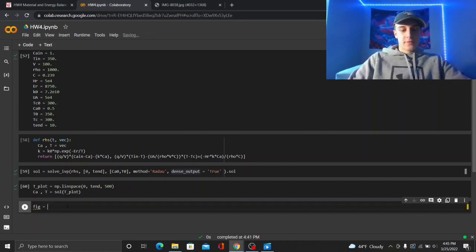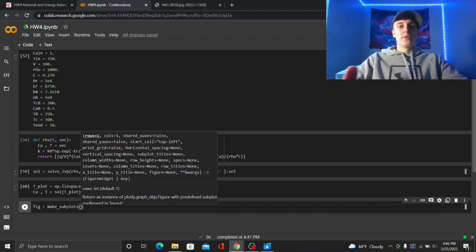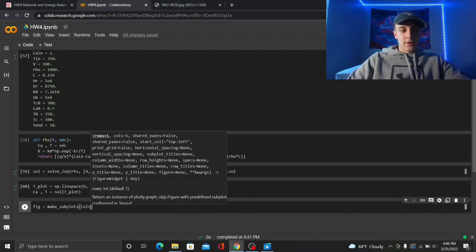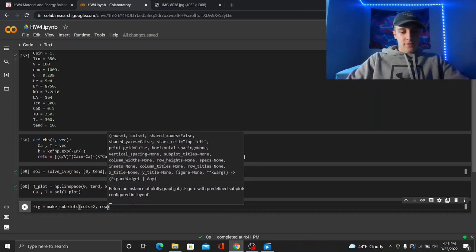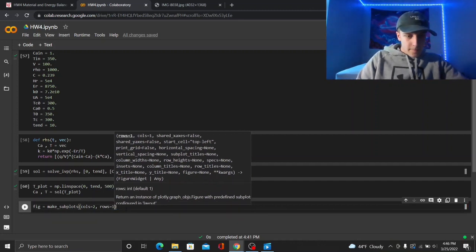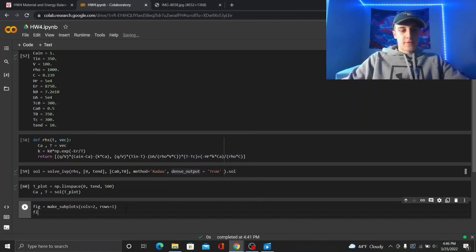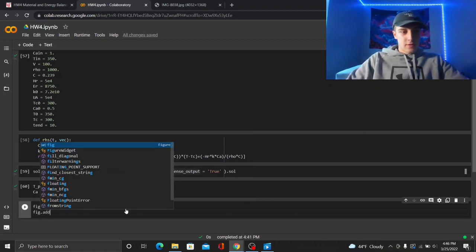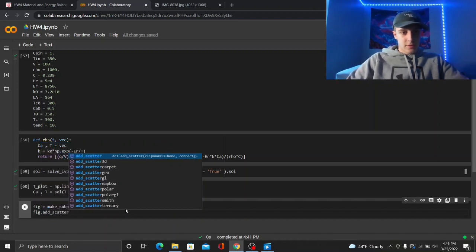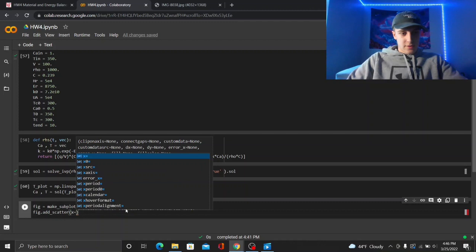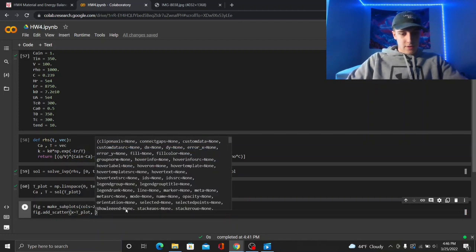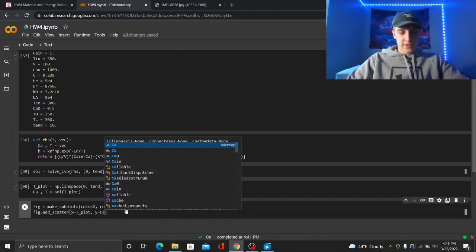Now we're going to work on plotting this. So I'm going to go fig equals make subplots. And we're going to want two side-by-side plots since they're in different units. So we're going to do columns 2 and rows 1. And then we're going to go fig add scatter. And we're going to want the x's to be our t plot, and the y's, in the first case, will be our concentration.